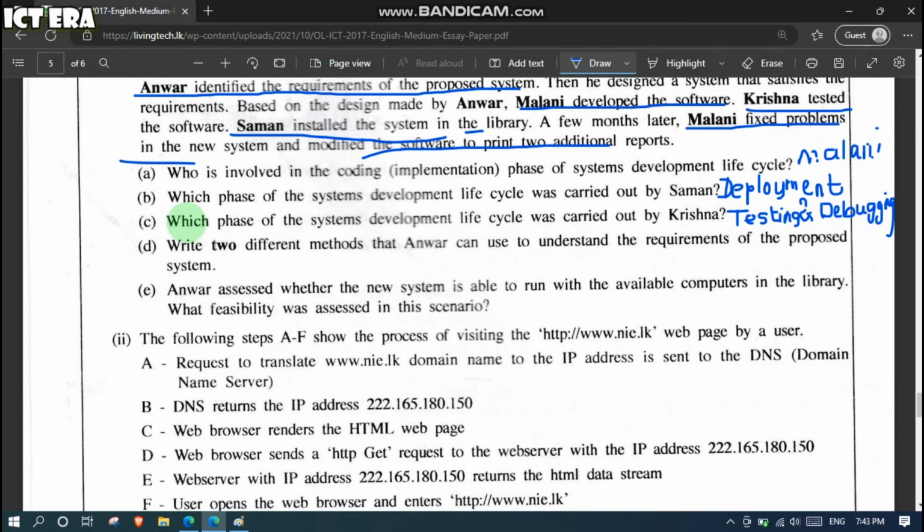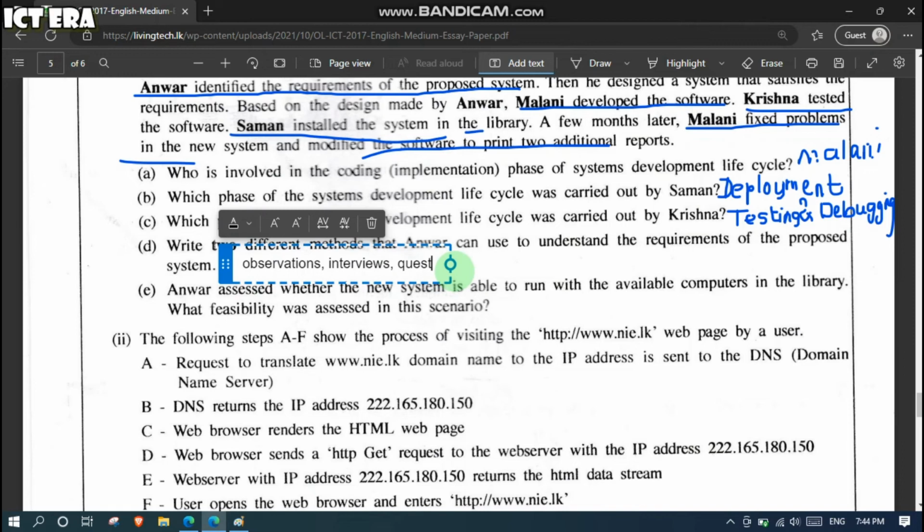So there are 5: questionnaires, observations, interviews, document sample collection, and finally prototyping.